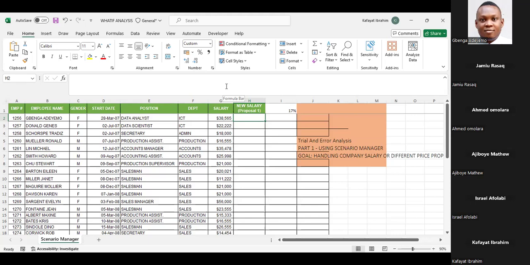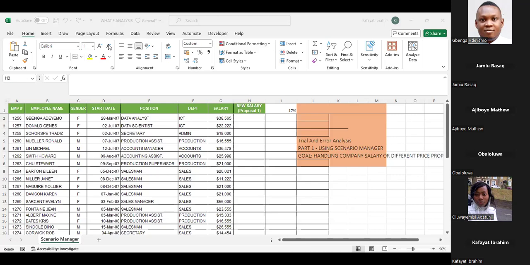Okay, but can any other person try? The rate. Because we are using the same rate for everything. Which rate? For example, if you want something to increase by maybe 17% across everything. When we click and drag, the rate would be changing, but the reason we are locking it is because we want that 17% to apply to all. Thank you.